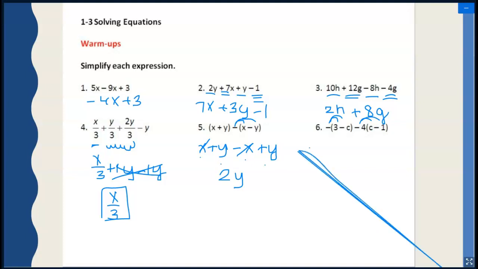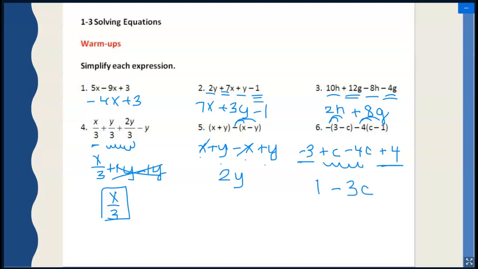So we get negative 3 plus c minus 4c plus 4. Combining like terms, you get 1 minus 3c.